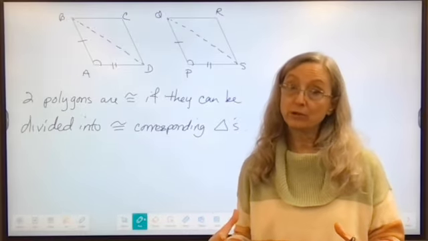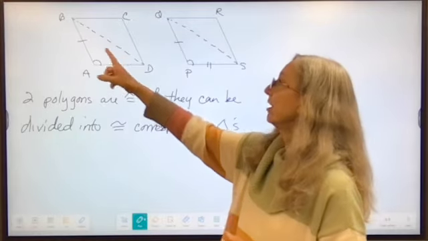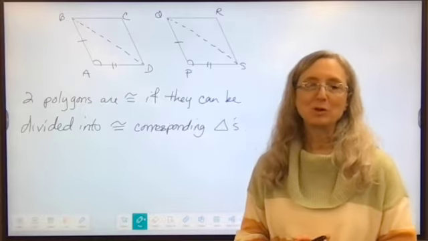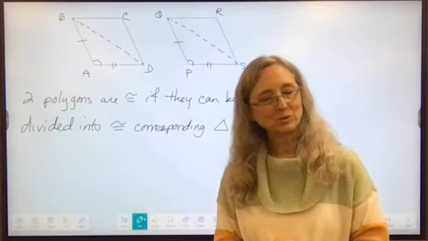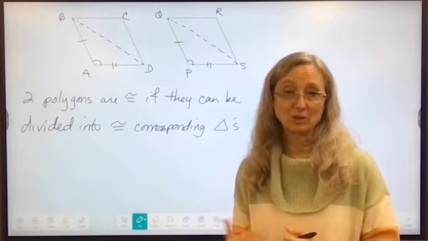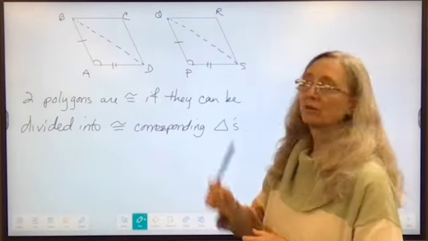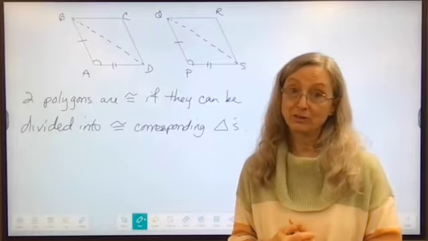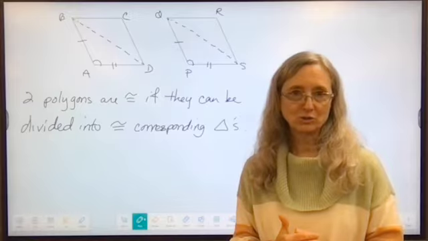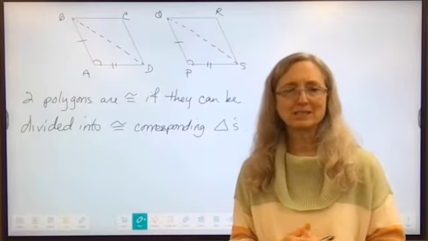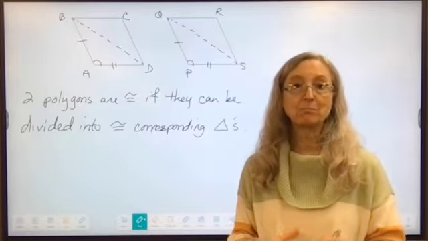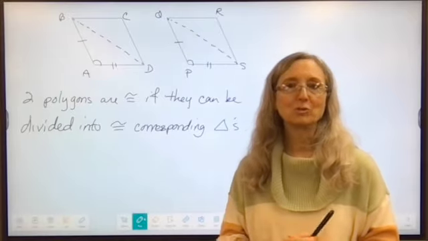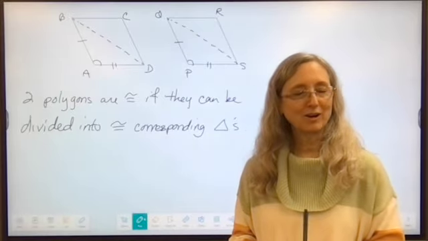And since I know they're parallelograms, the opposite sides are also congruent, so I've got two corresponding congruent triangles, and that's the method you would use to show that these two parallelograms are congruent to each other. That's laid out step by step in the book if you want to see it.